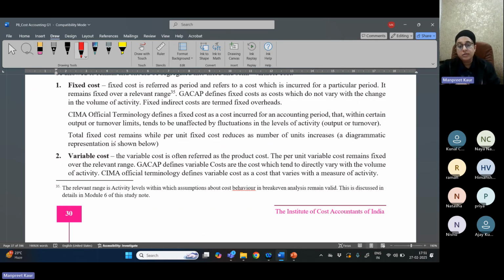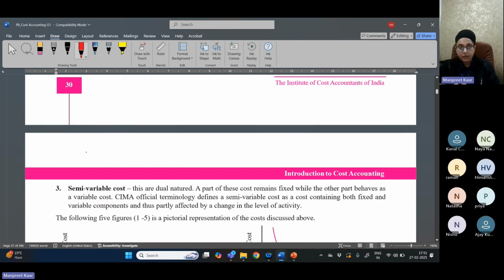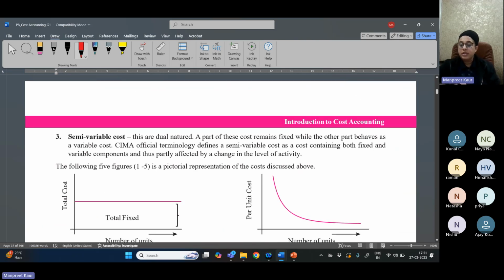But variable cost varies per unit. Variable cost remains fixed over a relevant range, but it tends to directly vary with the volume of activity. It varies with the number of units produced. Semi-variable cost, some part is fixed and some part is variable.